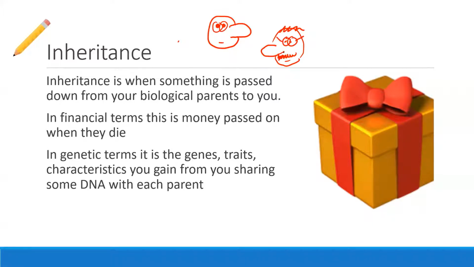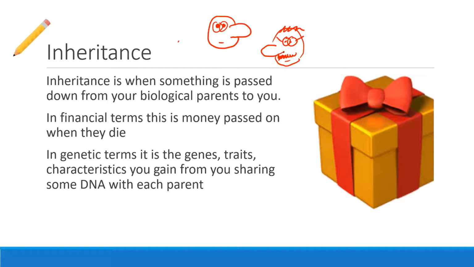If you think about it, you won't really get any DNA directly from your auntie or uncle. But you might have some DNA from your grandmother or grandfather that got passed to you and also to your uncle.